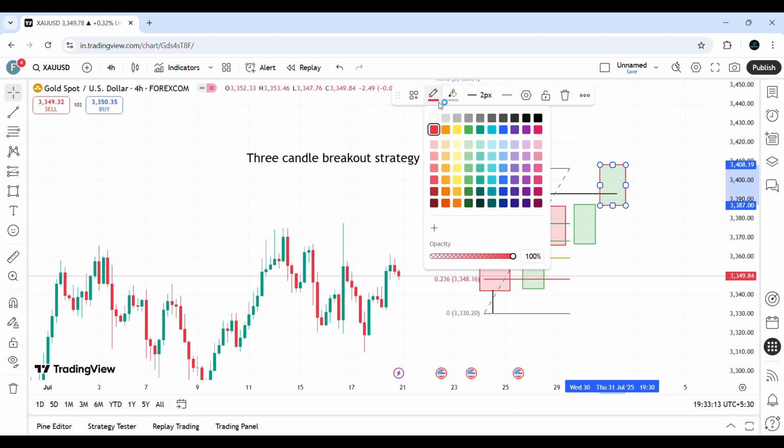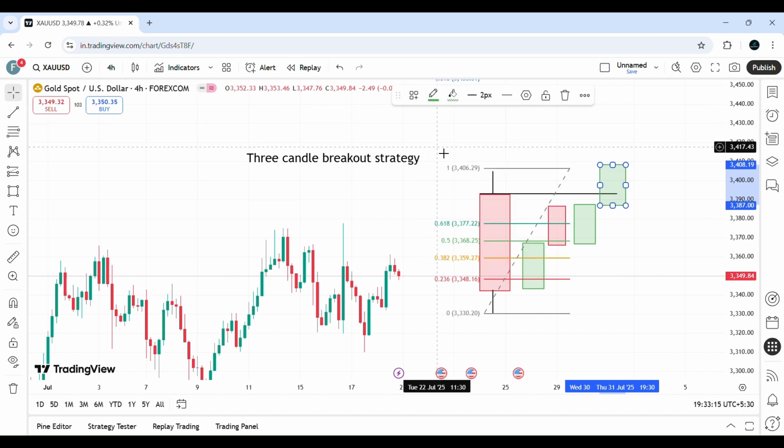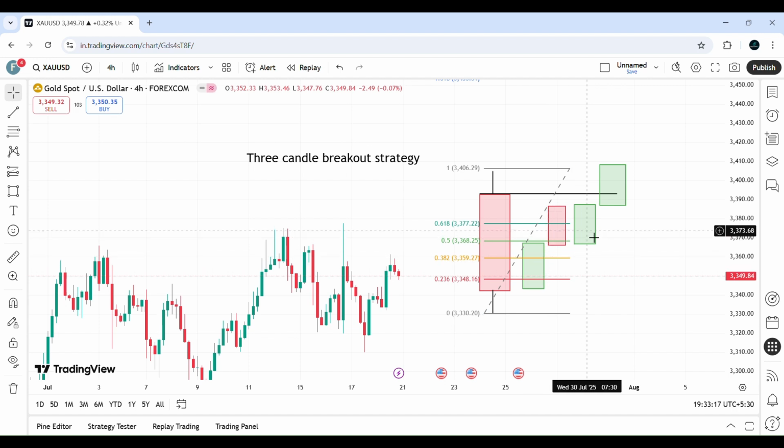So how many candles is it now? It's four candles, right? One, two, three, four. It took four candles to break this bearish candle. Doesn't matter if the candles in between are bearish or bullish. You just need to count the candles.